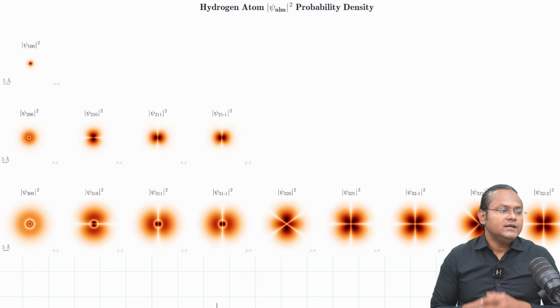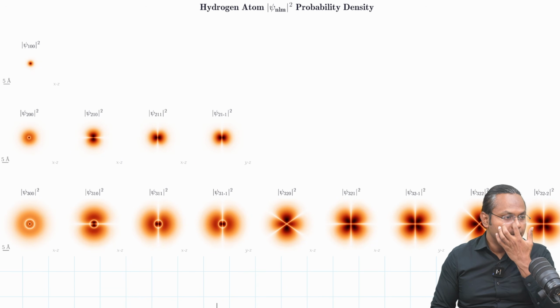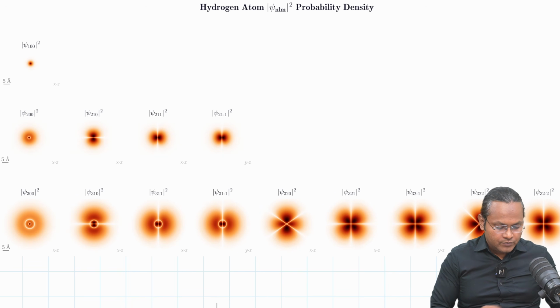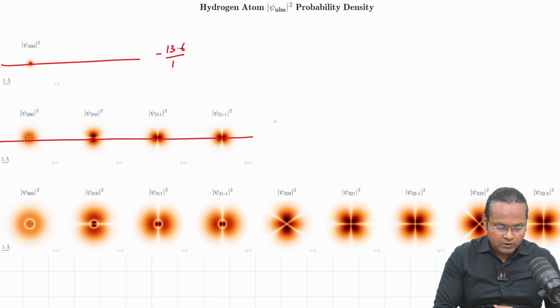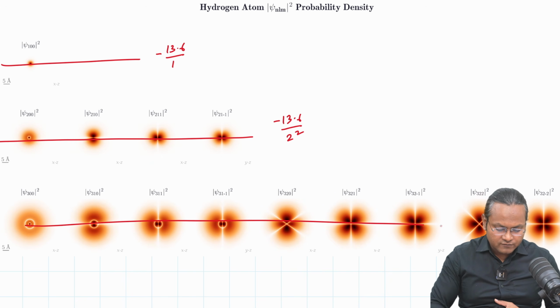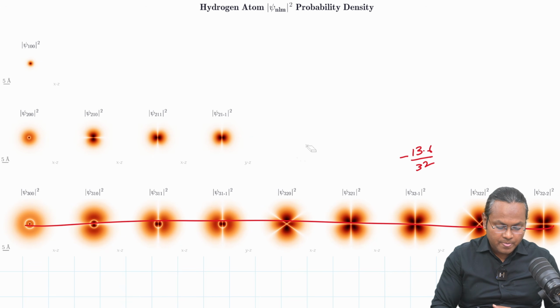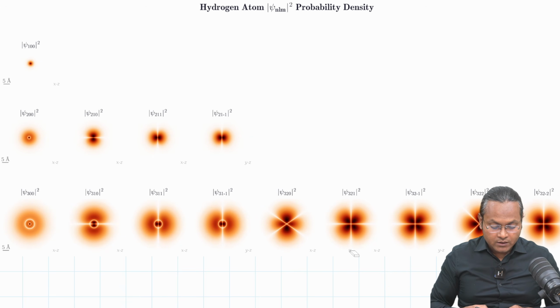Now keep in mind that the energy levels only depend upon n. So here the energy level is going to be minus 13.6 upon 1 electron volt. Here it is going to be equal to minus 13.6 upon 2 square electron volt. And all of these, the energy level is going to be minus 13.6 upon 3 square electron volt, because the degeneracy is n square, as I have proved earlier.